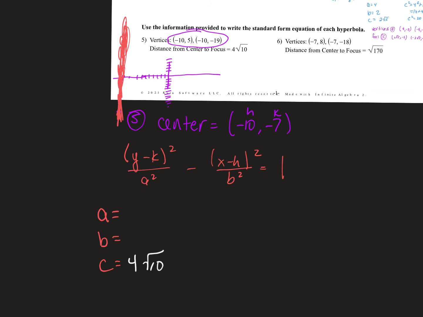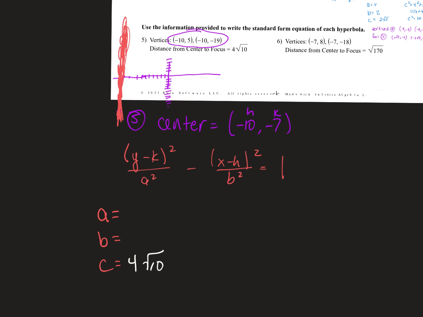How else can I figure something else out? Kennedy says, how can I figure out what a is? Remind me again what the value of a is. The distance from where? The center to a what?